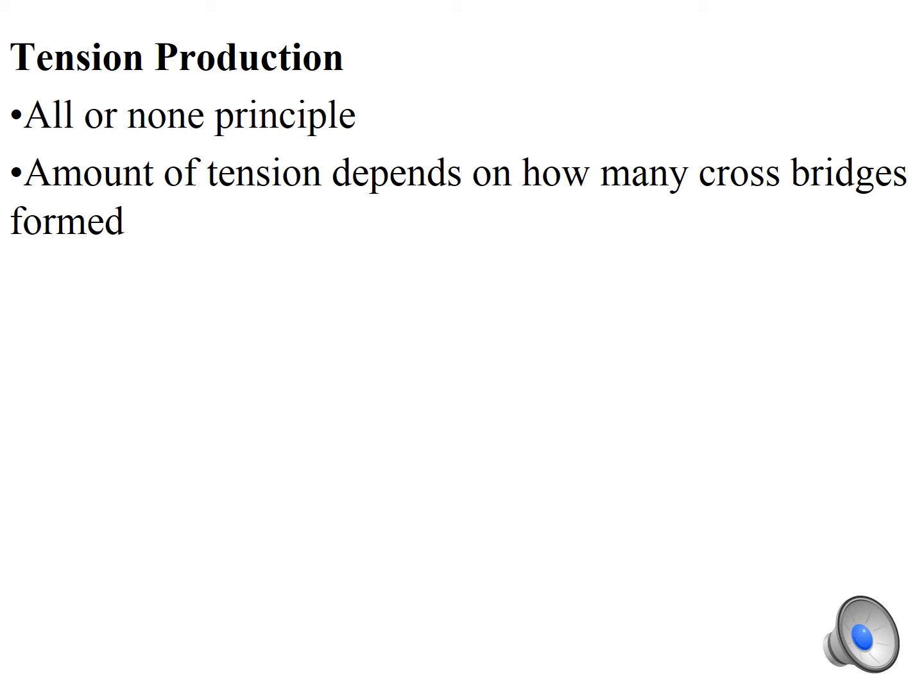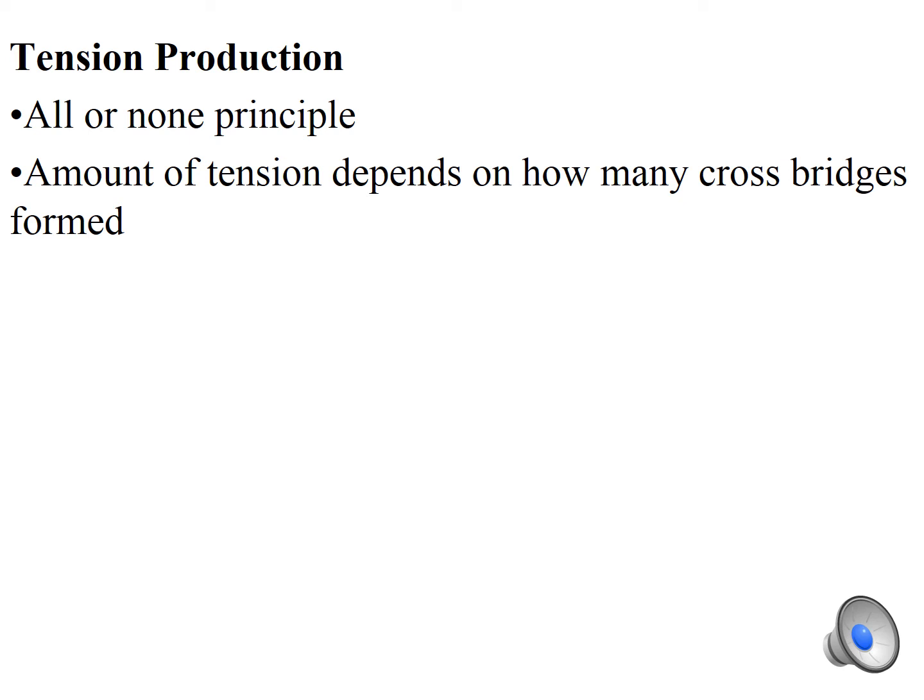So the question then is, what's the difference between a contraction when we want to pick up a feather and a contraction when we want to pick up a 50-pound barbell? Well, the difference is that we're using more muscle cells.